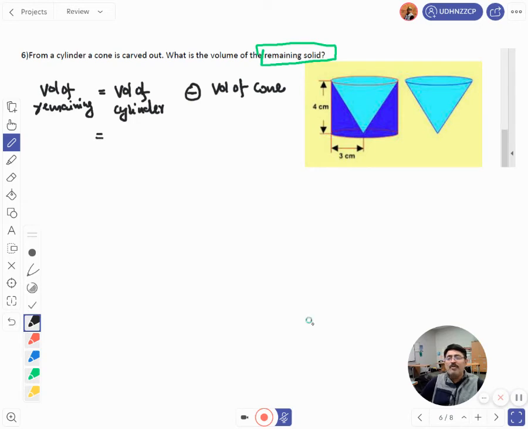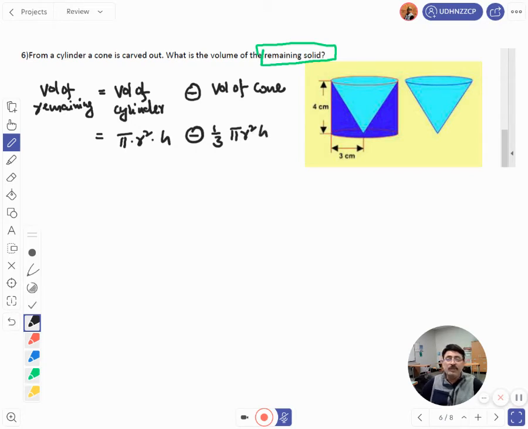So what is the volume of a cylinder? It is pi times radius square times h. Take away volume of cone. Please remember, volume of cone is one third pi r square h.